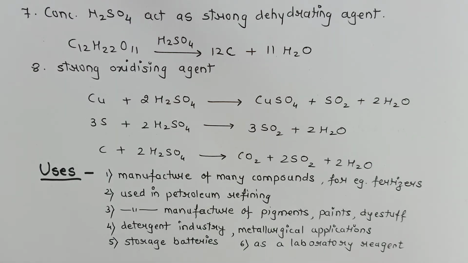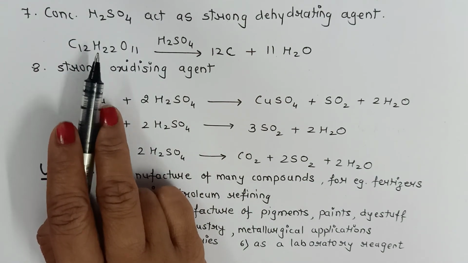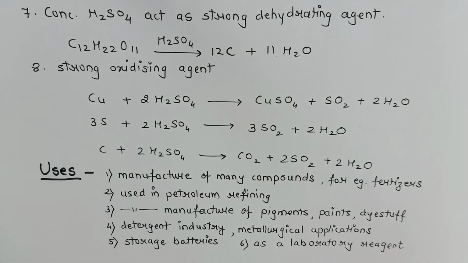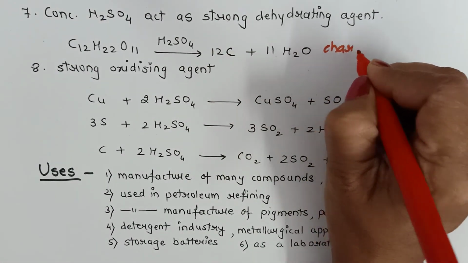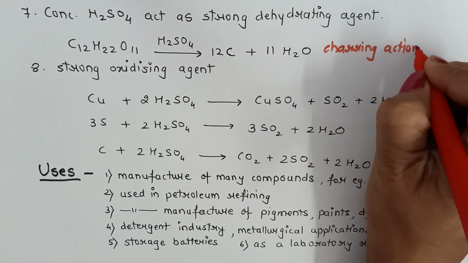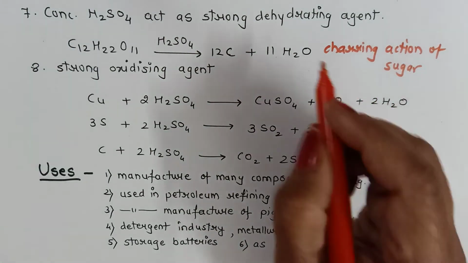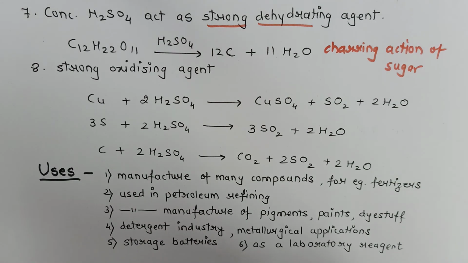Sulfuric acid removes water even from organic compounds. Now how can we prove? If we put concentrated sulfuric acid on sugar, then it gets charred to carbon. We call this the charring action of sugar. And this reaction proves the strong dehydrating nature of sulfuric acid.